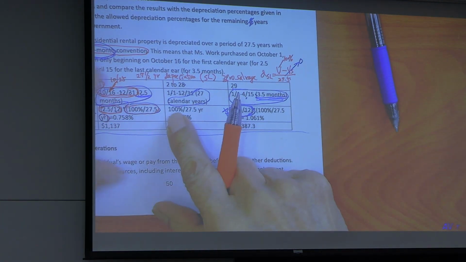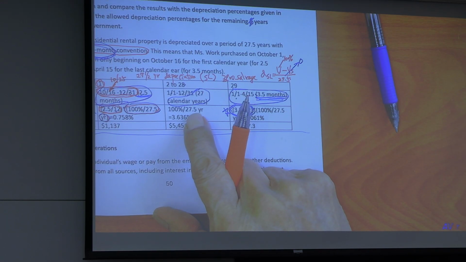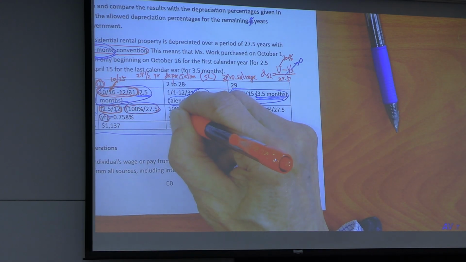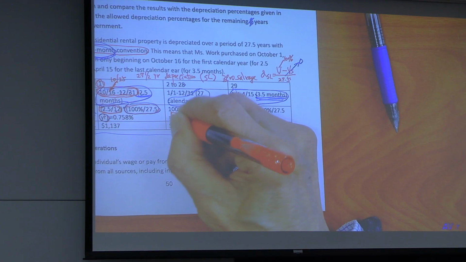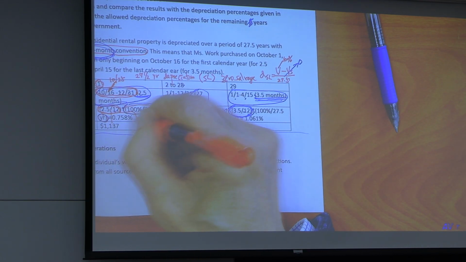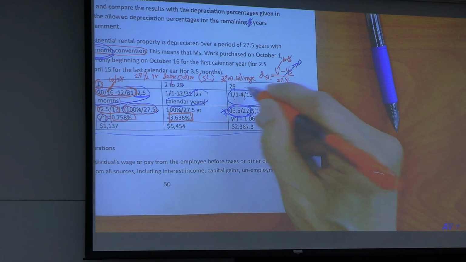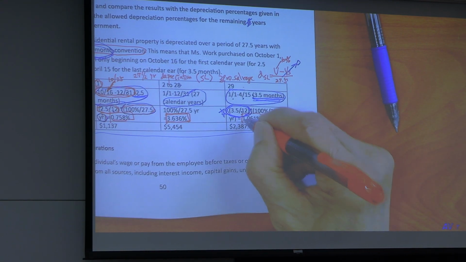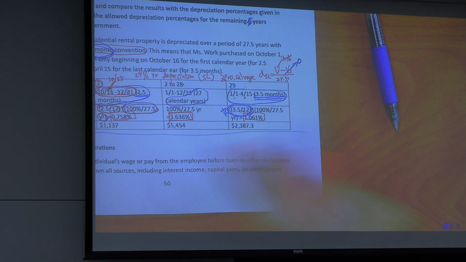So, 100% straight line, whole year depreciation, 3.636. Year 1, 0.758. Year 29, 1.061.